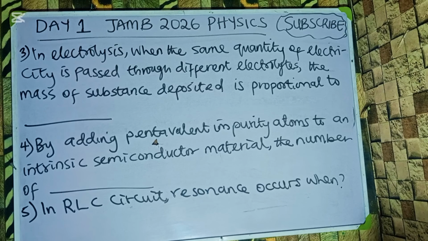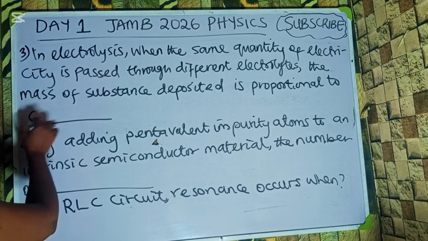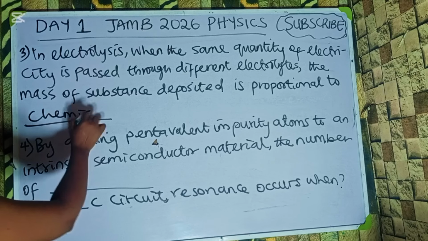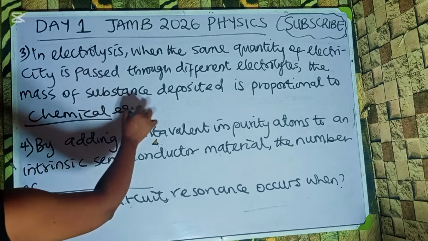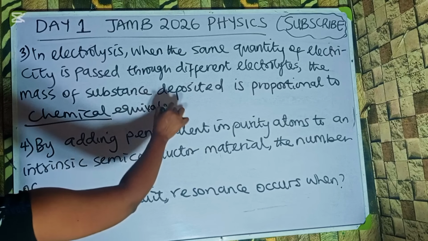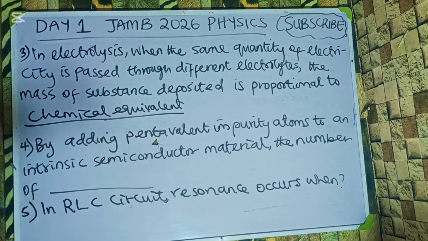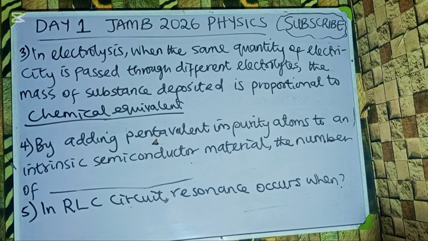Question 3. In electrolysis, when the same quantity of electricity is passed through different electrolytes, the mass of substance deposited is proportional to the chemical equivalent. This one is under the second Faraday's law of electrolysis. Question 4.